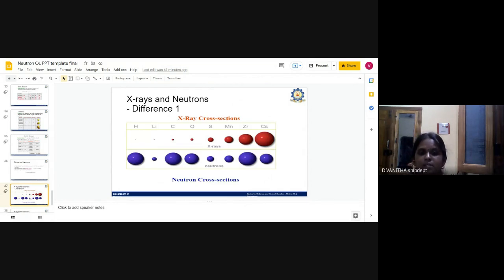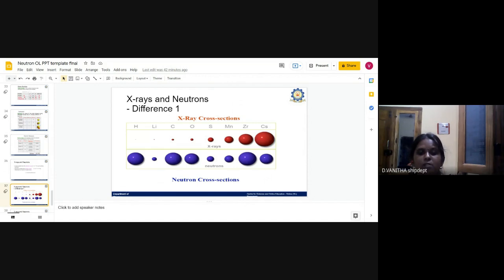X-rays and neutrons are compared with each other by the X-ray cross-section and the neutron cross-section. Here for hydrogen, lithium, carbon, as the atomic number increases, the X-ray cross-section also increases.